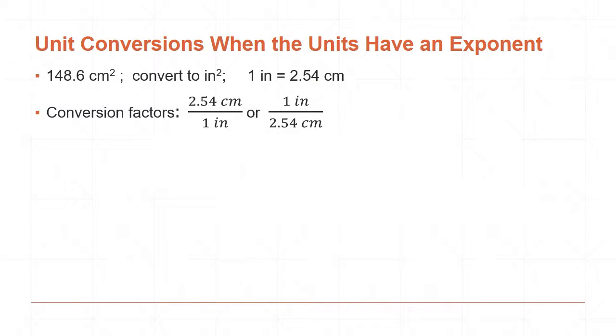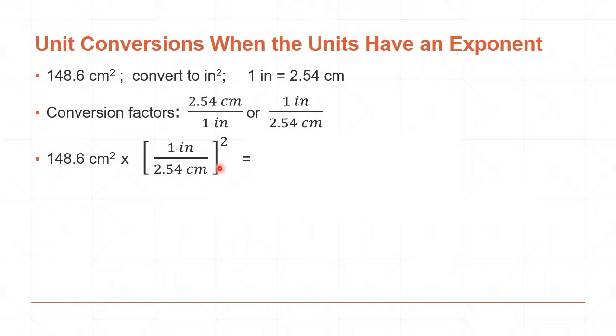So the two possible conversion factors will be this one or this one. Now, as always, with any problem, I'm going to start with my information that I was given, 148.6 square centimeters. I multiply by a conversion factor, but now, since I want inches squared and centimeters squared, I have to square the entire thing. I can't just square the units without squaring the numbers.